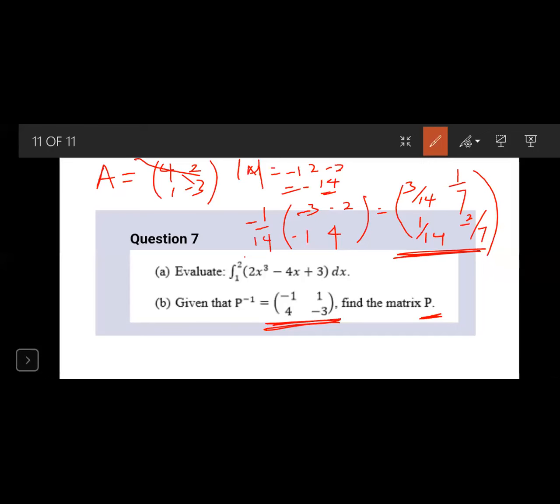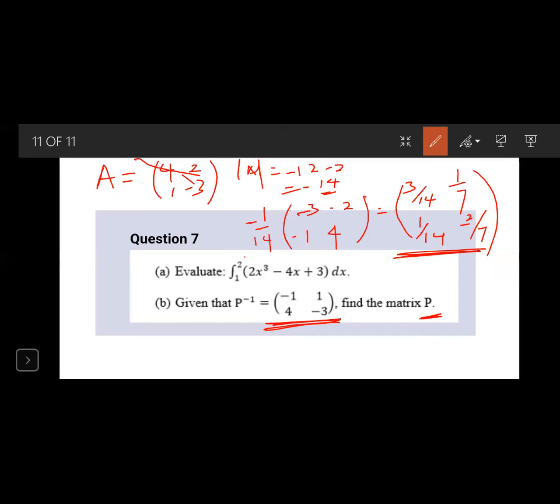Is it your friend or your enemy? The enemy of your enemy will give you a positive answer. So the enemy of your enemy is like your friend. So in this case too, the inverse of an inverse.